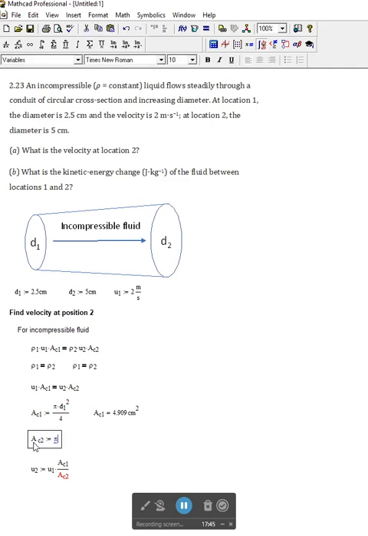Then I can do the same thing with A dot C2 is equal to pi, control G, times D dot 2 squared, and then I select the whole right side with the space bar, divided by 4. So I've got my expression. Now I want to see the value. So A dot C2 plain equal sign, and I'm going to change that to centimeters squared.